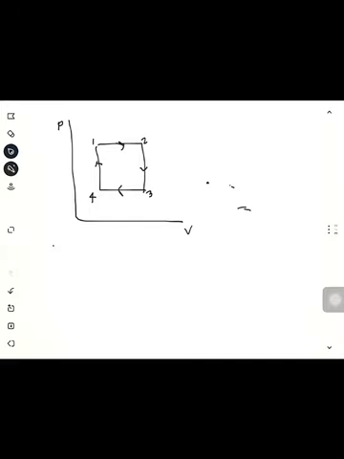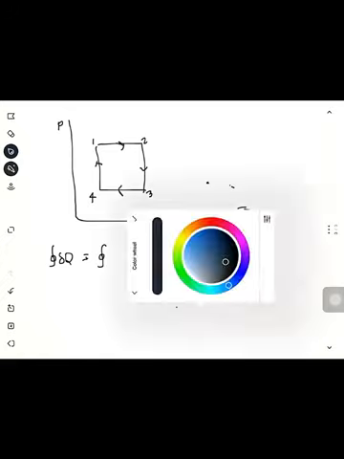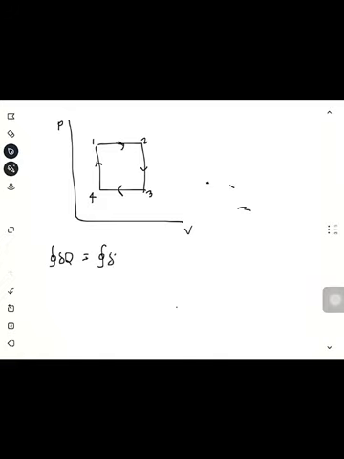Here you have this equation: the cyclic integral of the inexact differential of Q is equivalent to the cyclic integral of the inexact differential of W.